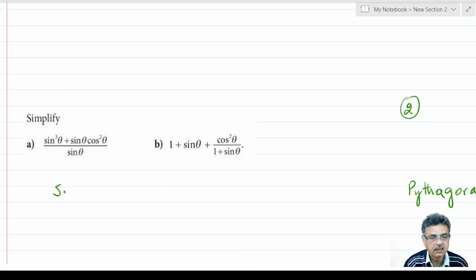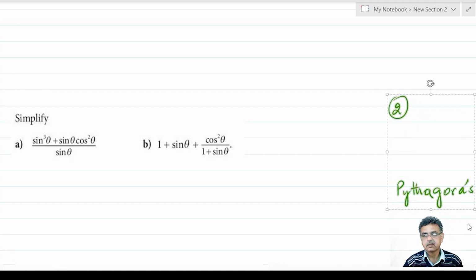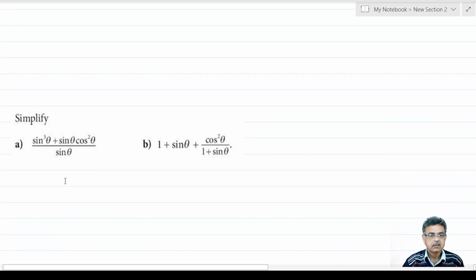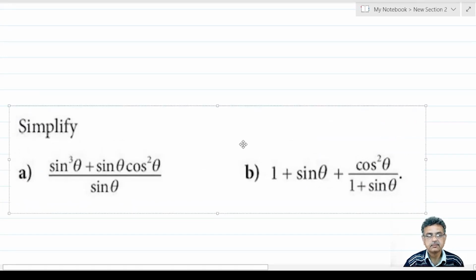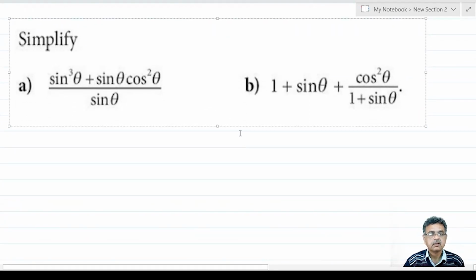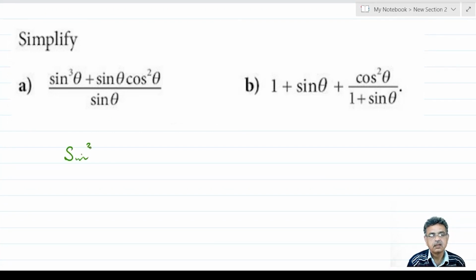This is sine cube theta plus sine theta cos square theta over sine theta.